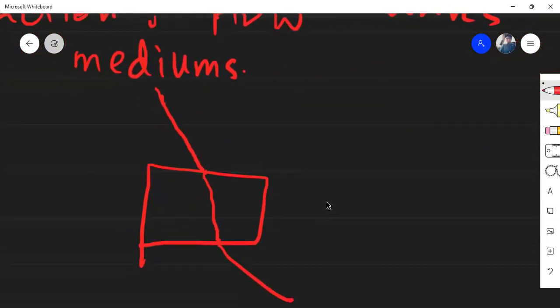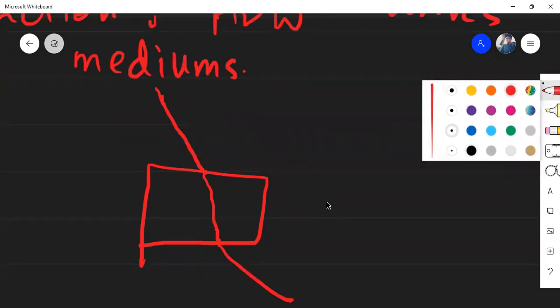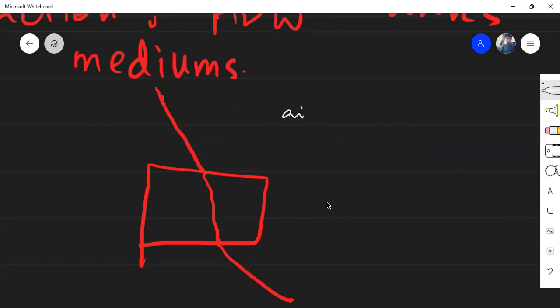The medium changes, because here it is air, and here it is glass or water or something. Let's suppose it's glass.